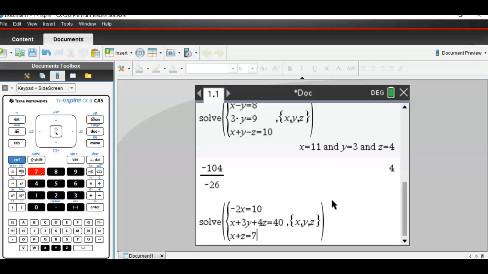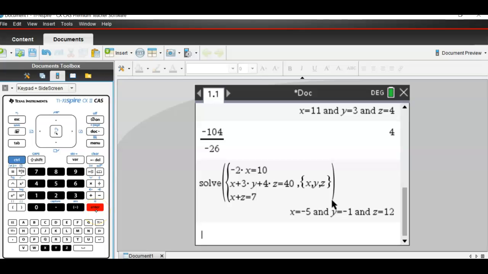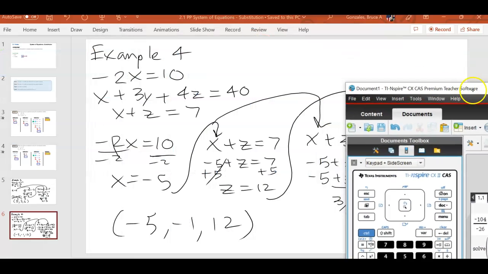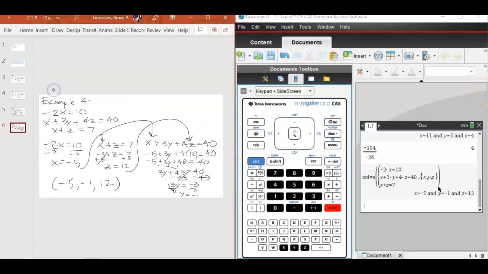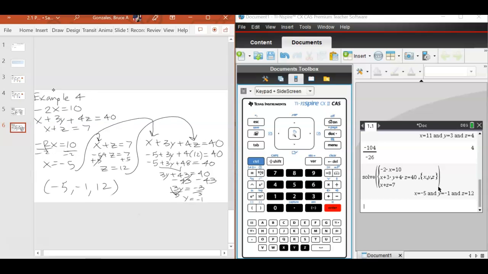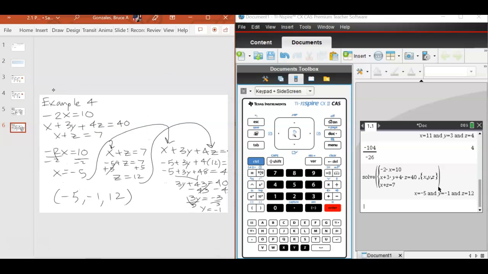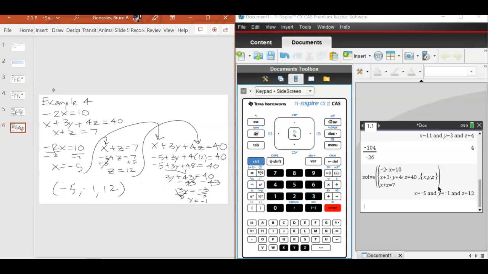If I type them correctly, I can just hit enter, and I get, for you, it's going to have it as an ordered pair in parentheses, but it's -5, -1, 12. Is that what I got over here? -5, -1, 12. It is. That's example 4.